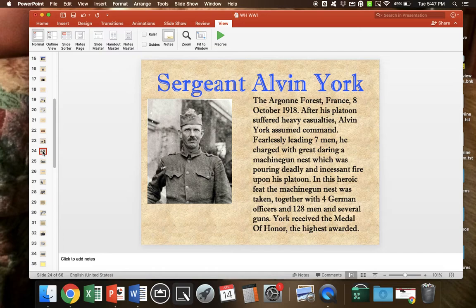Sergeant Alvin York is an interesting part of World War I. He is a very devout Christian. He was a pacifist for a long period of time, but then becomes one of the most heavily decorated soldiers in American history, not just World War I, but in American history, and will receive the Medal of Honor, the highest award that we give to our military.